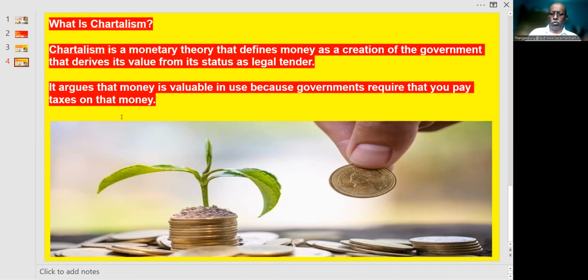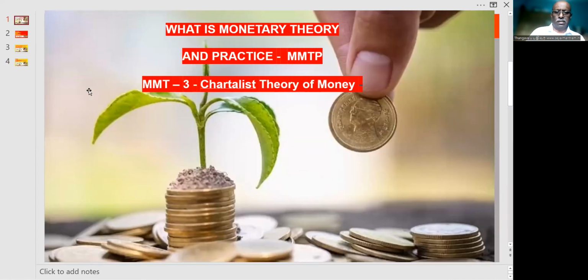So whenever you see the currency, you take the responsibility of holding it to hand over for a valuable product. That is the money value that we should realize for our livelihood. This is the Chartalist theory value in practice.